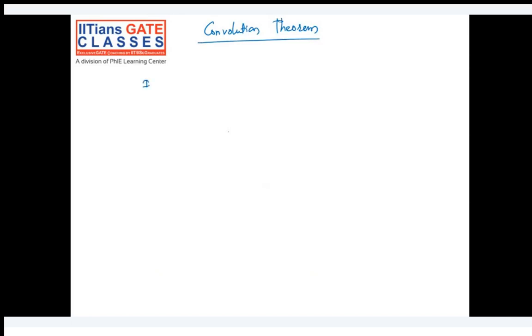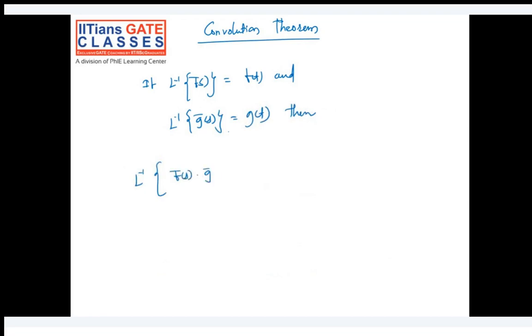If inverse Laplace transform of f bar of s is equal to f of t, and inverse Laplace transform of g bar of s is equal to g of t, then inverse Laplace transform of f bar of s into g bar of s is given by integration 0 to t f of u into g of t minus u du. Okay, remember this formula, very important.